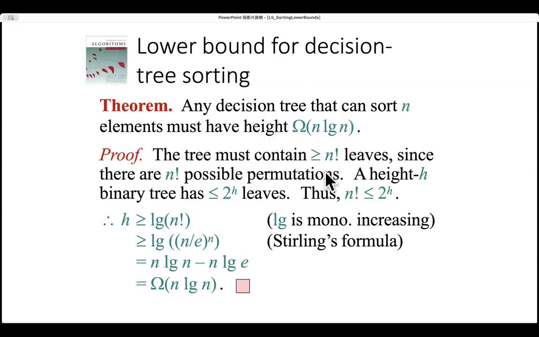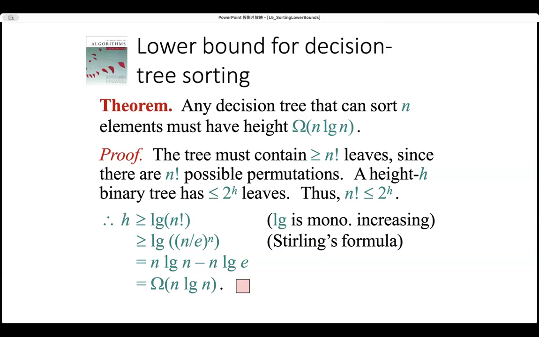And this proof is kind of straightforward. As I told you earlier, if you have n numbers, then the number of leaf nodes would be the factorial of n, right?